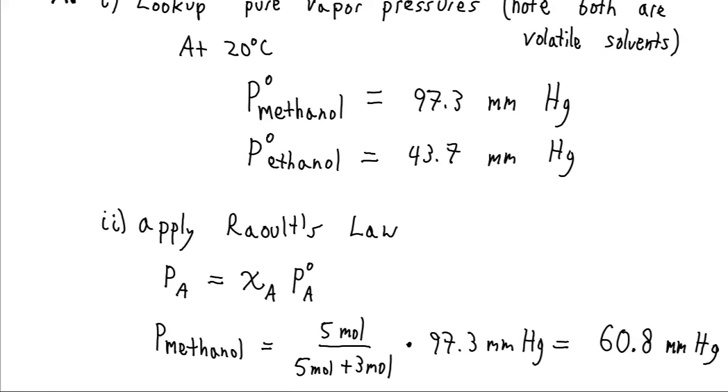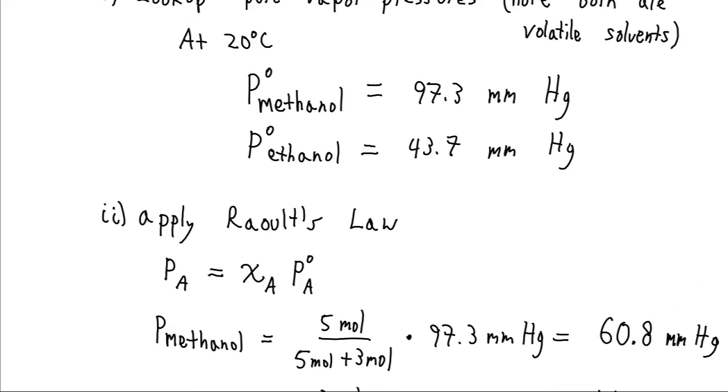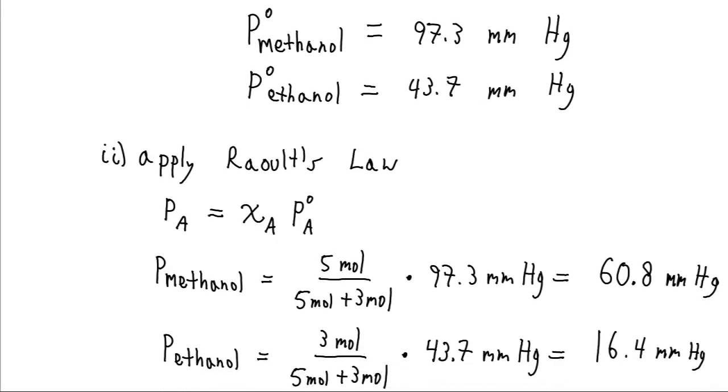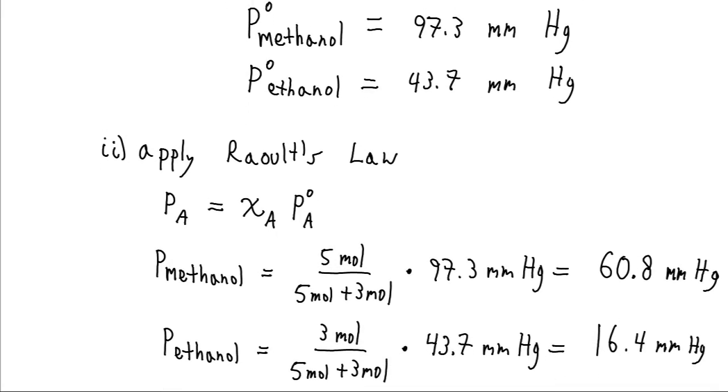So for methanol, we have 5 moles of methanol, and that's added to 3 moles of ethanol. So 5 over 8 times the 97.3 that we would have if it was pure methanol, and we get a vapor pressure of 60.8 millimeters of mercury. We can do the same thing for ethanol, since it's also volatile.